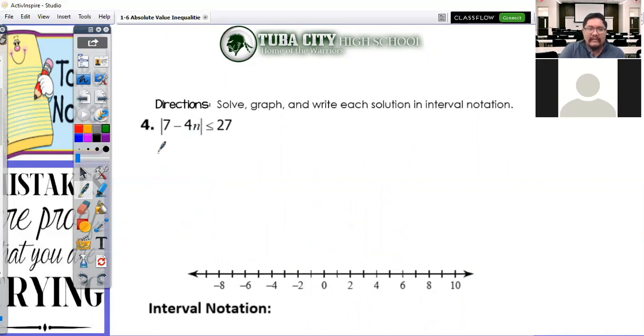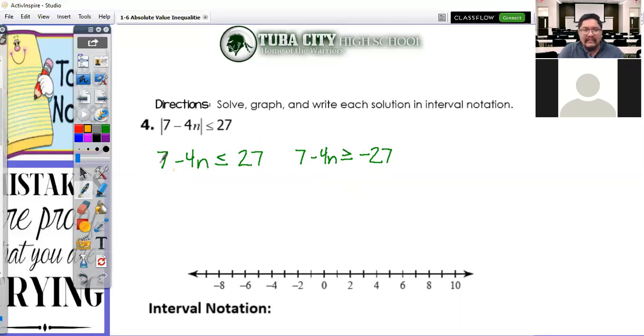So we can go right to step number 2 and break it into 2 cases. So first case stays the same, keep it. Second case, switch and switch. So switch and switch. Now we're ready to solve both of them.